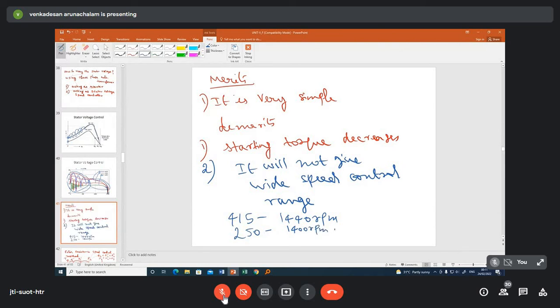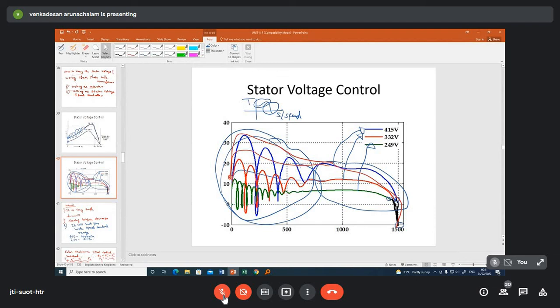You see here, the voltage you are reducing by more than 50%, but the speed reduction is not 50%, or not even 20%, only 1440 RPM and 1400 RPM. That you can observe in this graph also.